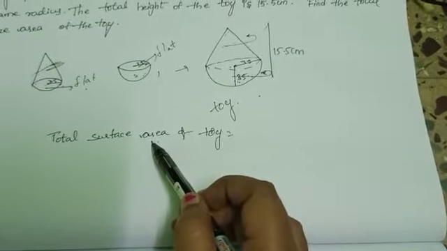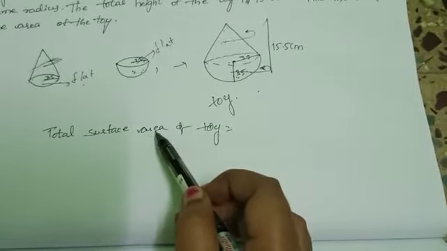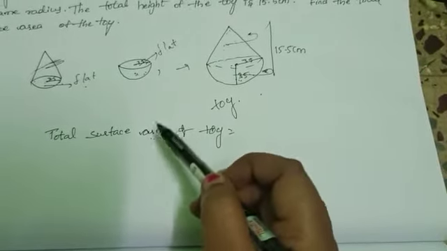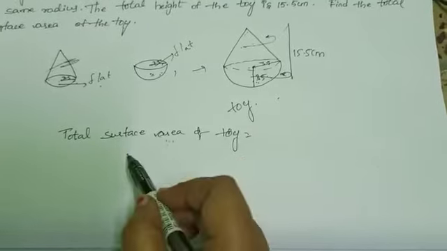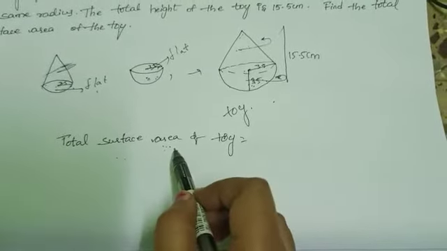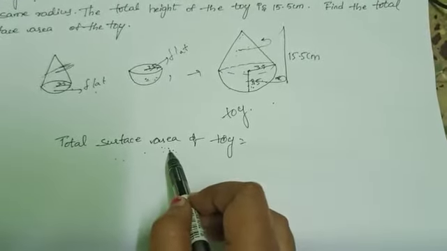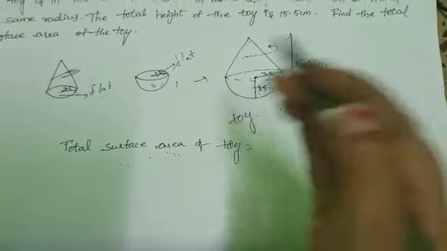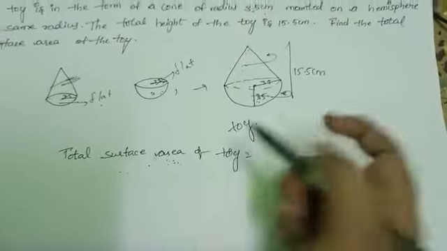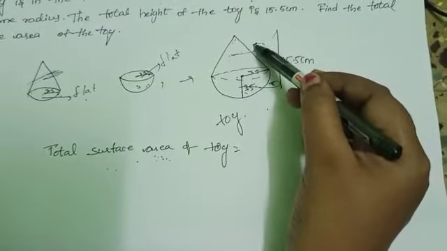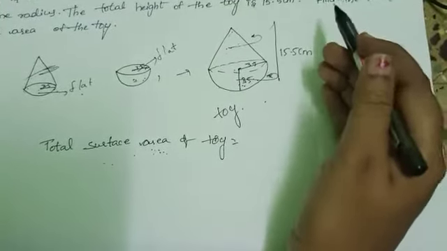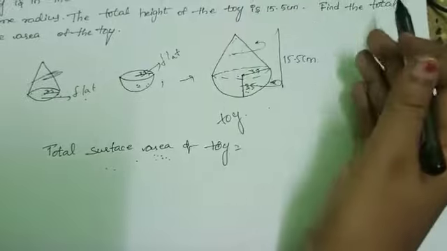The area or region occupied by the object. Surface area is nothing but the area or region occupied by the surface of the object. Clear? Here see this toy has two curved surfaces. There are no flat surfaces.